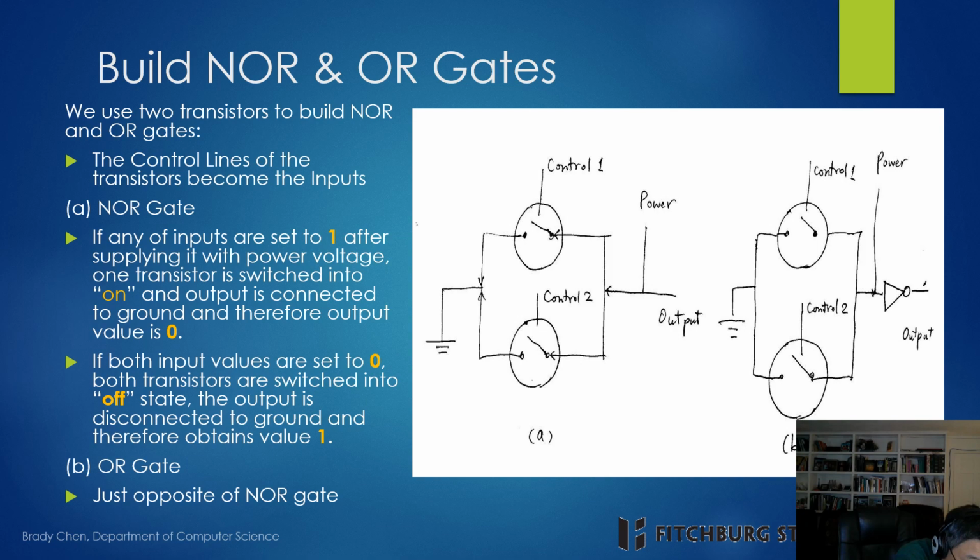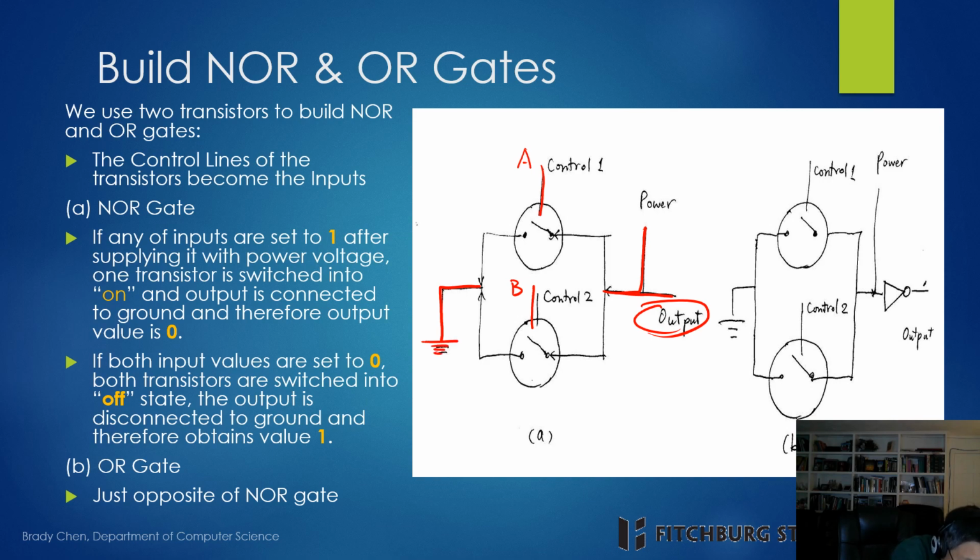Transistor 1 has control line 1, and we call it A. Transistor 2 uses control line 2, and we call it B. Now the collector side of both transistors is connected to the power source, and it also serves as the output. The emitter side of both transistors is grounded.